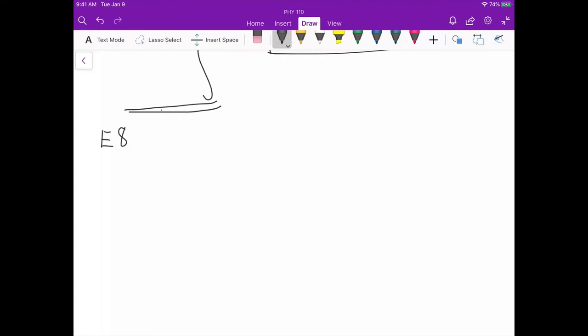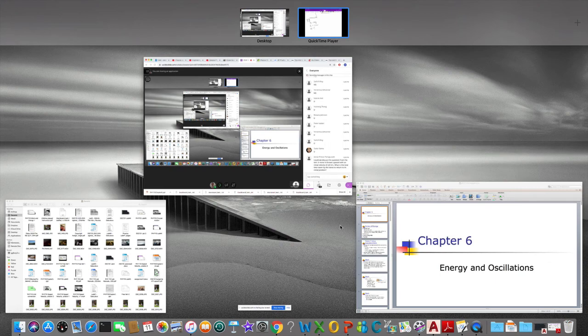So E8 says you have the mass, it is 7 kilograms, it's lifted through 1.5 meters. Then what is its potential energy after you lifted it up? How much potential energy did it gain? You have 2 minutes to answer.